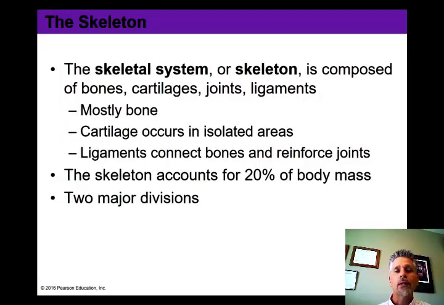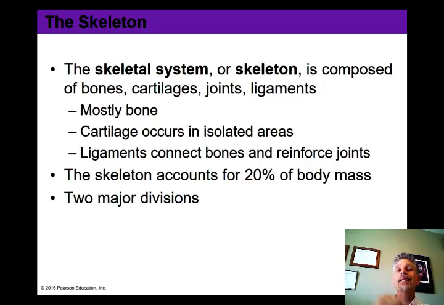Okay, so like we said before, the skeletal system is mostly going to be bone, but as an organ system, each of those bones is an organ, comprised mainly of that connective tissue we know as bone. There's also going to be cartilage associated with it, right? We're going to see all three types of cartilage associated with these bones in some way, in some place, and connective tissue like ligaments holding these bones together, helping to form joints.